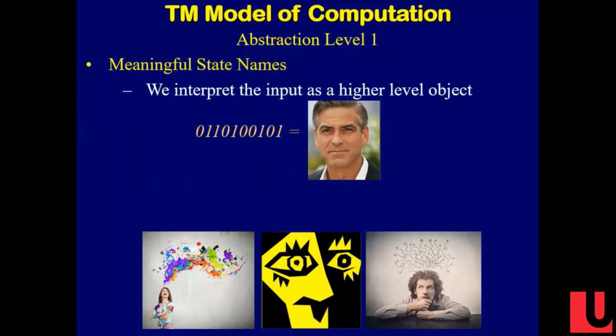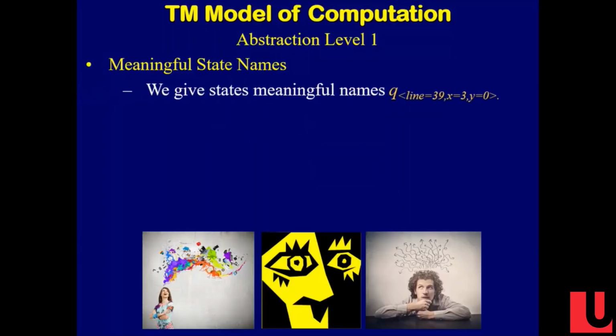All right? And here, well, it's not changing the name of a state, but we're giving meaning to this string of zeros and ones, right? We're now thinking it's not a string of zeros and ones, it's George Clooney, right? And he has wrinkles, right? Everybody got that we're adding meaning to it. And then we're adding meaning to the state names, right?